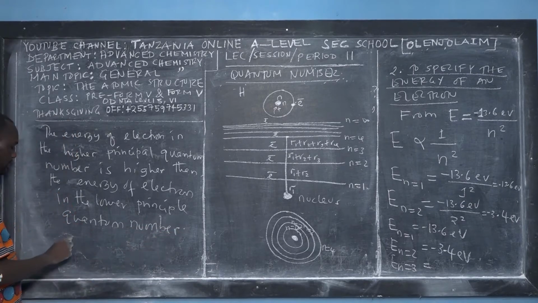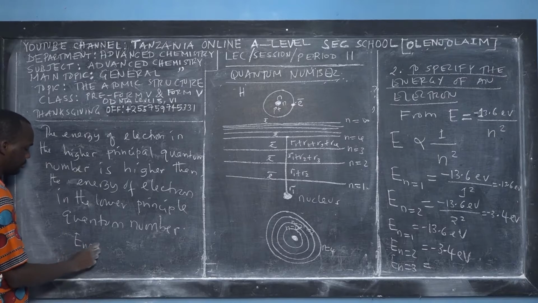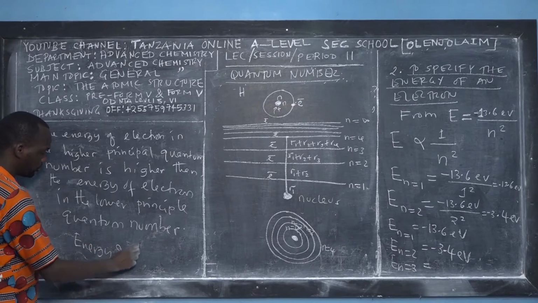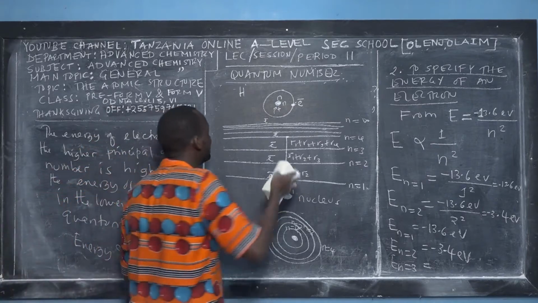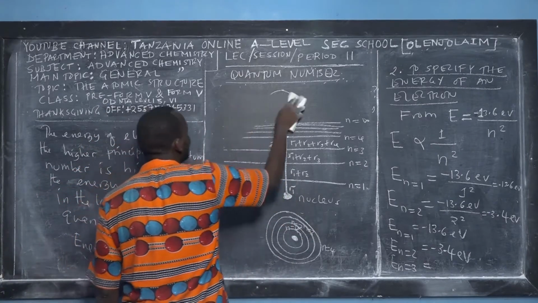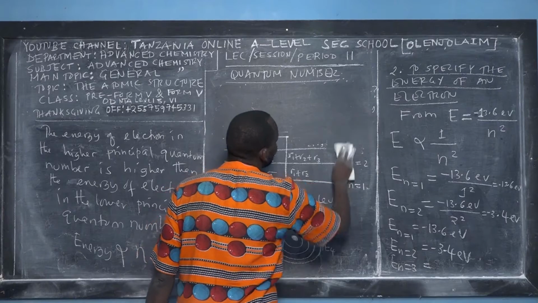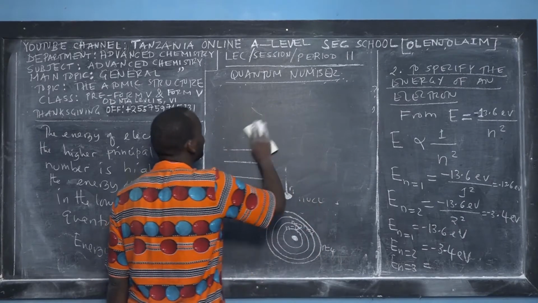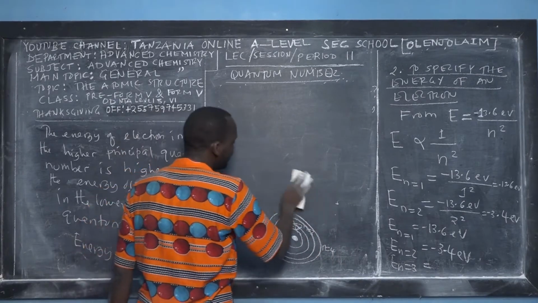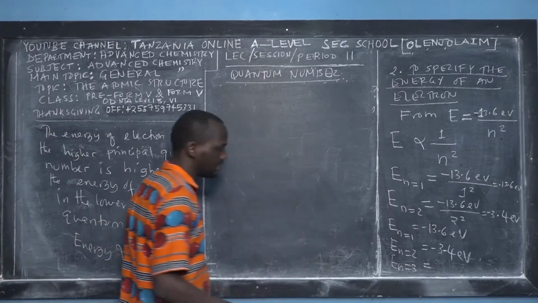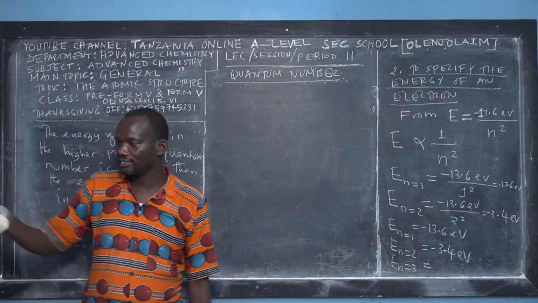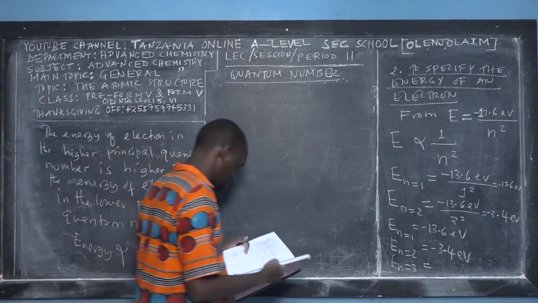So simply we say that the energy of an electron is proportional to the principal quantum number. If you don't listen carefully, instead of understanding, you'll get confusion.